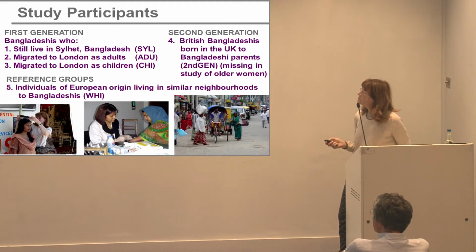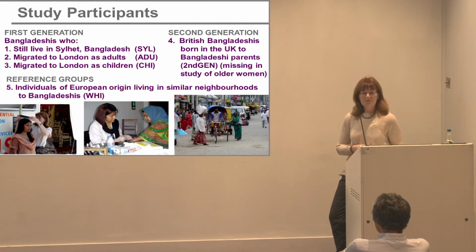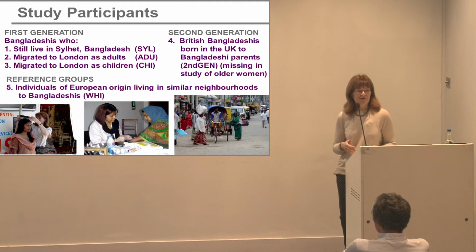Then we look at child migrants who came before puberty was completed, and second generation Bangladeshis born in Britain to parents who had migrated from Bangladesh themselves. And then we always have a reference group of people of European origin, generally white British people, whom we pick from neighborhoods similar to where the Bangladeshis are living. So again, control over neighborhood.